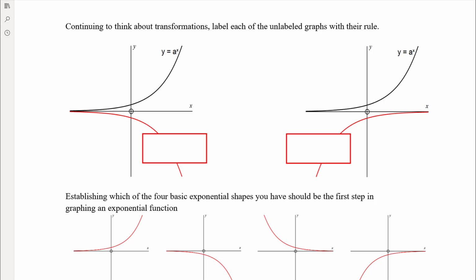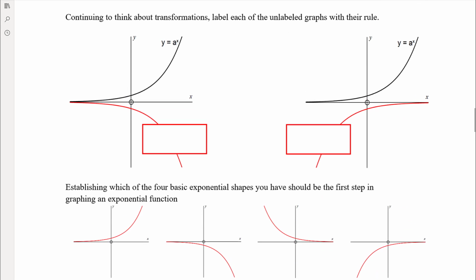So in this first example on the left here, that's the graph of y equals a to the power of x reflected in the x-axis. Now we know when we reflect in the x-axis, f of x becomes negative f of x. So in this case, a to the power of x will become negative a to the power of x.